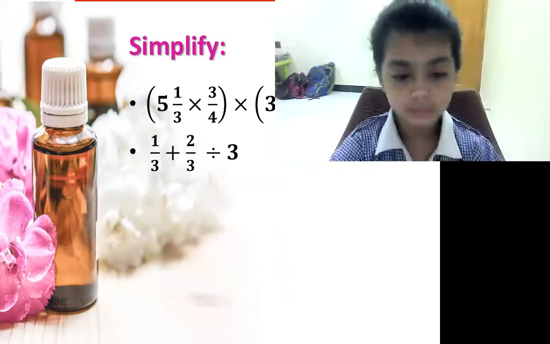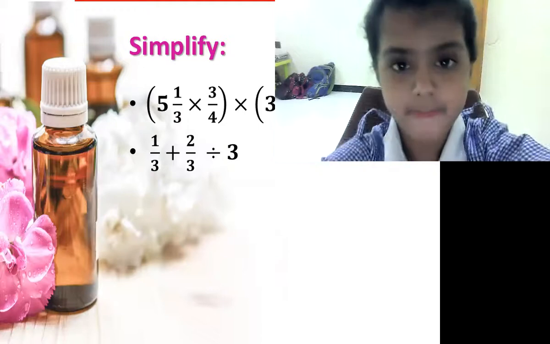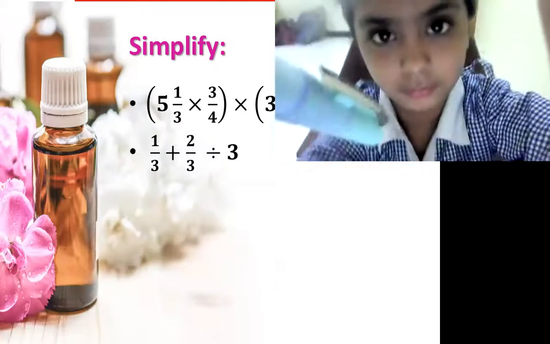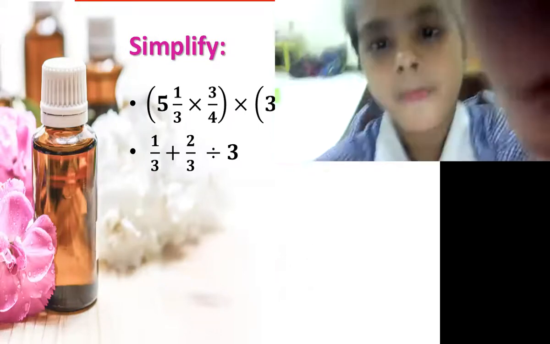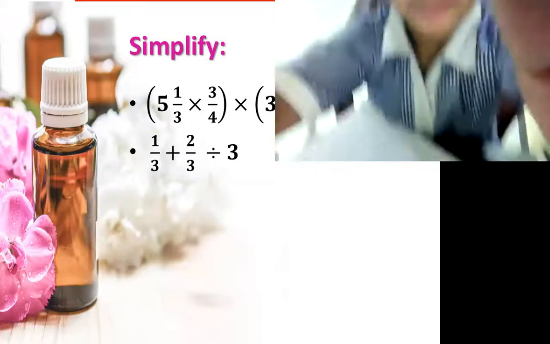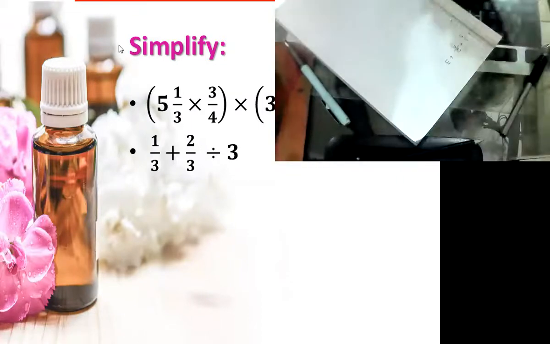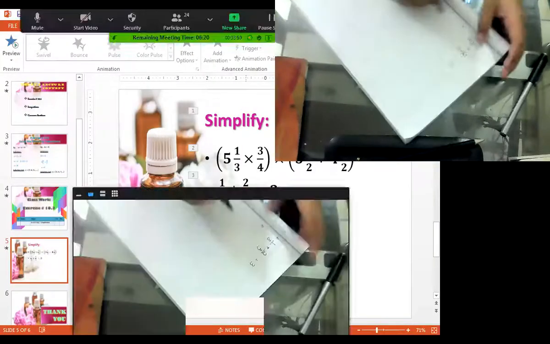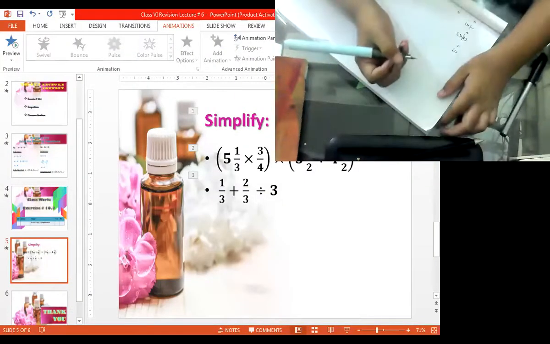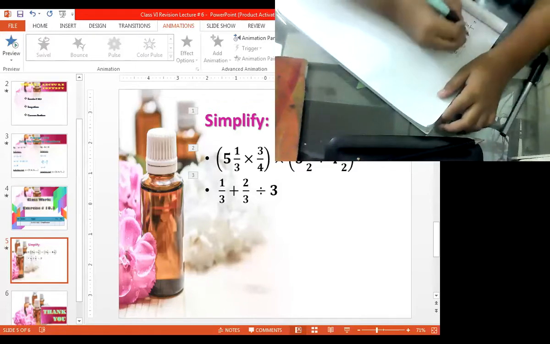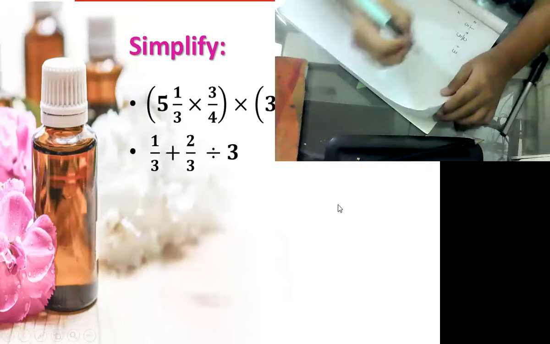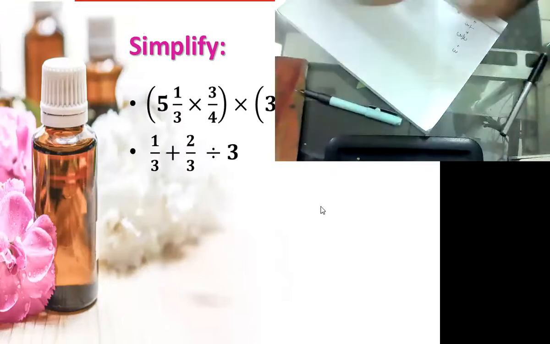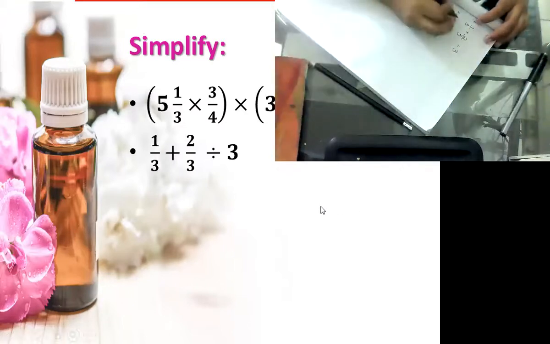Miram, show your work. Shabash. Now this one, 1 upon 3 plus 2 upon 3 divided by 3.